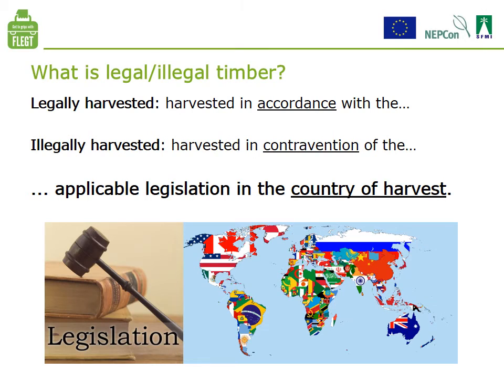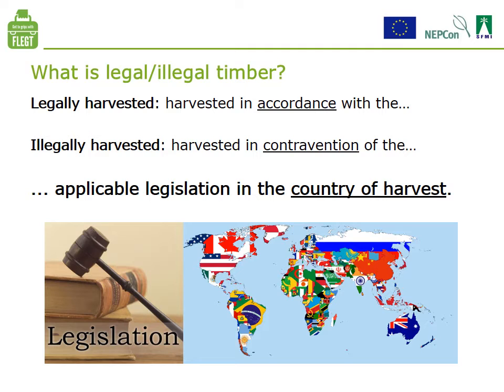Given that the focus of the EUTR is on the prohibition of illegal timber and therefore requires the trade of legal timber, it is important that we understand what is meant by legal and illegal. For the definition of both legally and illegally harvested timber, the EU Timber Regulation uses the applicable legislation in the country of harvest.